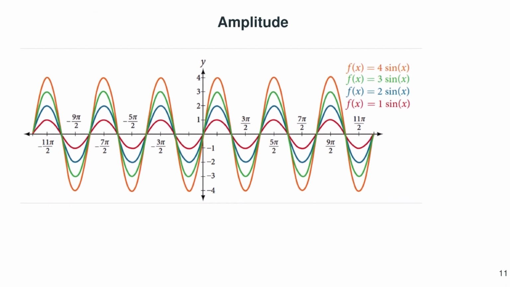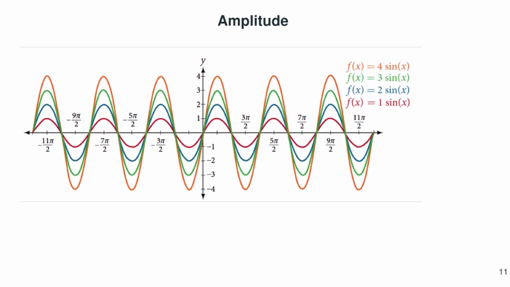So this is how amplitude is applied. If you look at this right here, look at 1 sine x. Again, this x represents angle. That's always implied in trig function: sine, cosine, tangent, secant, cosecant, cotangent. The variable inside represents angle measure. So this is the same as just sine x. Regular sine x is the red graph right here.